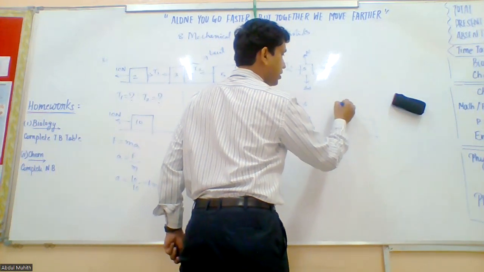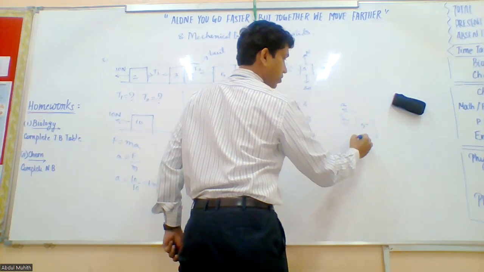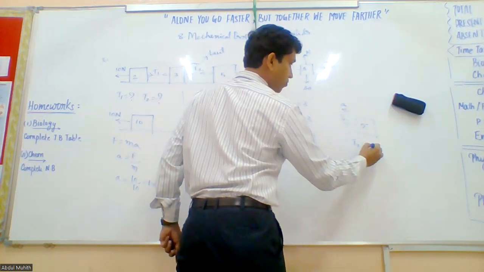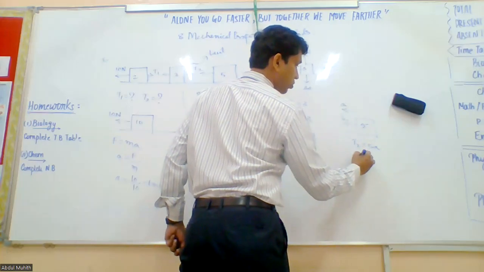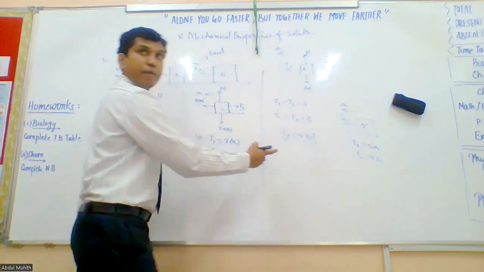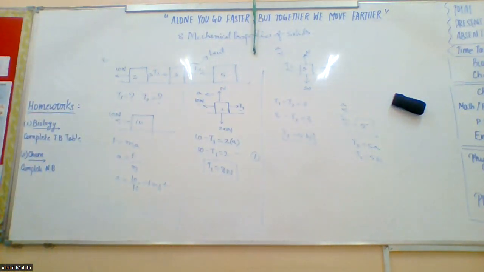Acceleration is here. This is 5 kg. So T2 equal to ma, F is equal to ma, 5 into a. What is T2? 5 into 1, 5 newtons. Is it not the same? This is how you need to cross verify. We can cross verify whether your answer is correct or wrong.